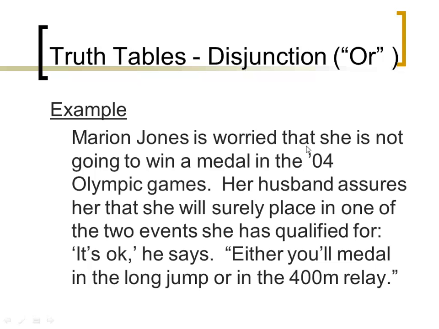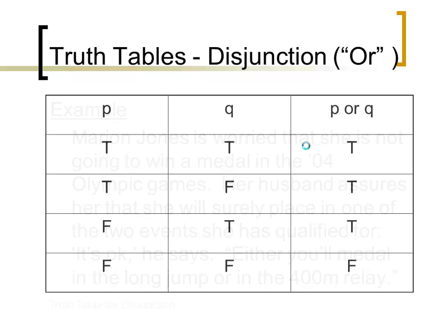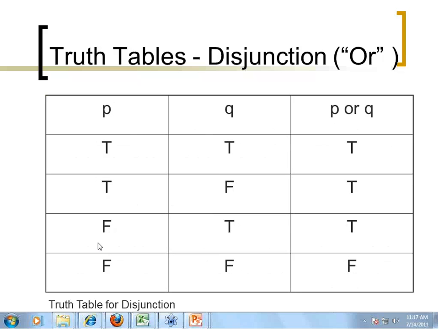Okay. Now let's go back to our table. P is true, Q is true. P or Q will end up to be true. Do we agree? Okay. Ruth, how about you? All right. Now let's look at the second one. P is true, Q is false.